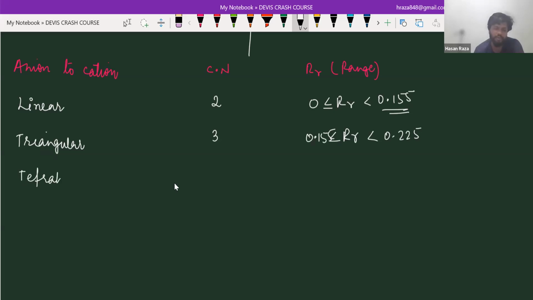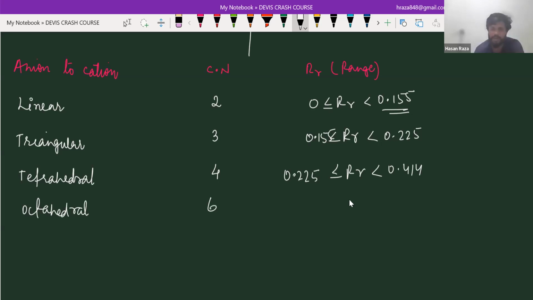Its coordination number will be 4, and its radius ratio can be equal to 0.225, but lesser than 0.414. Then octahedral. Octahedral's coordination number will be 6, and its radius ratio will be greater than or equal to 0.414, but lesser than 0.732.